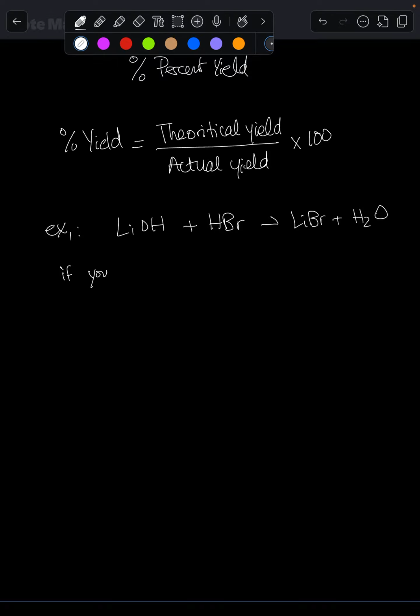if you start with 10 grams of lithium hydroxide, how many grams of lithium bromide will be produced?